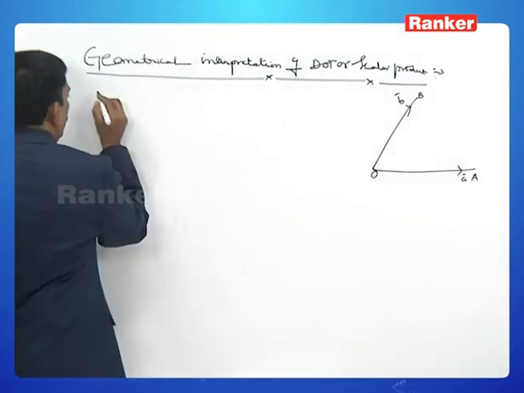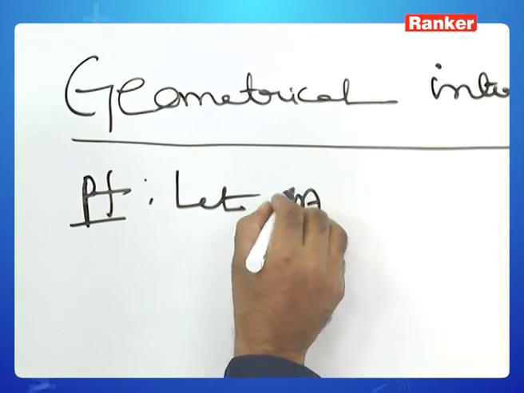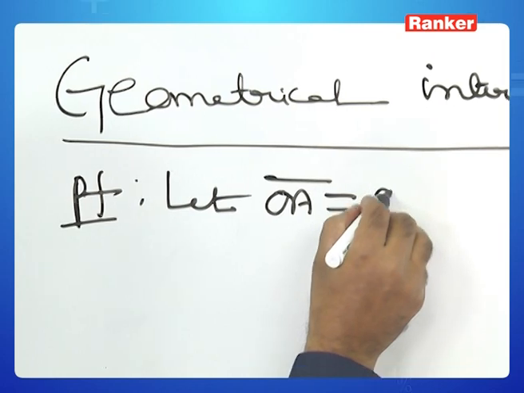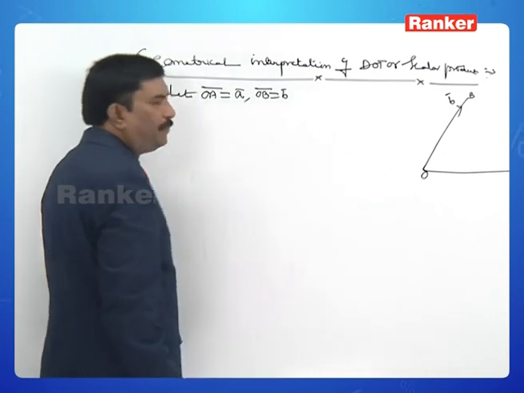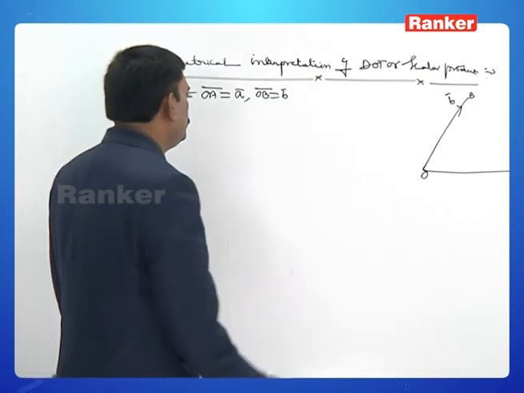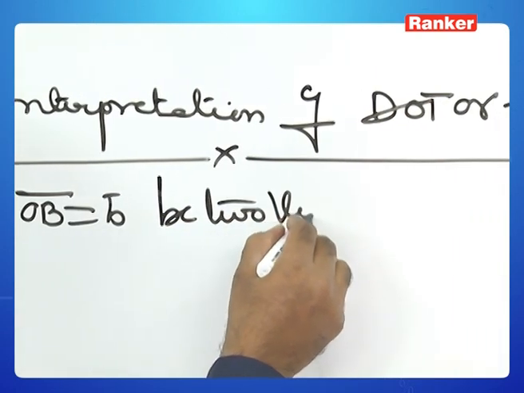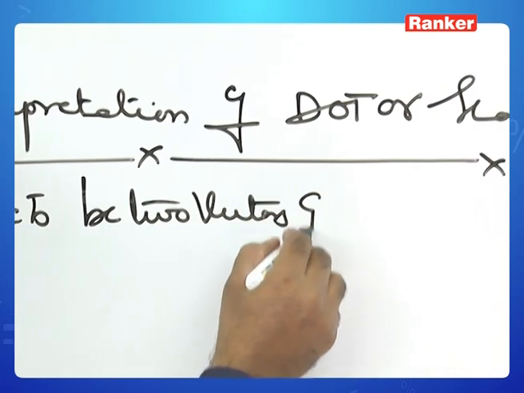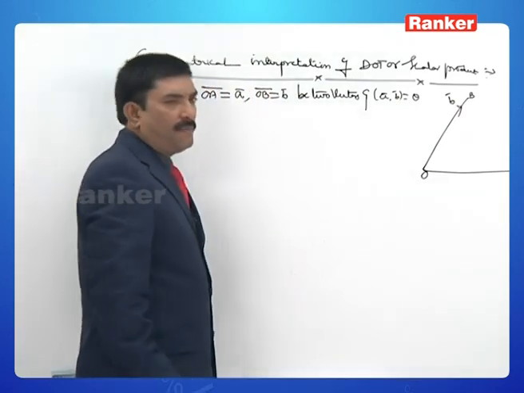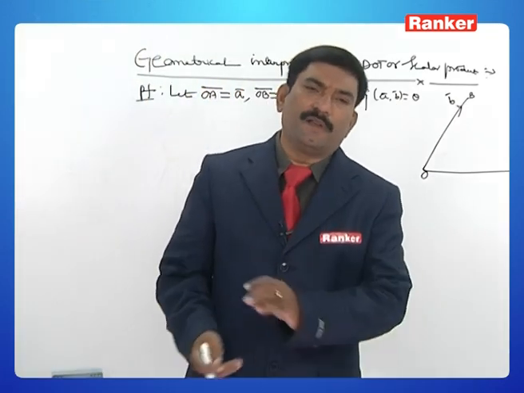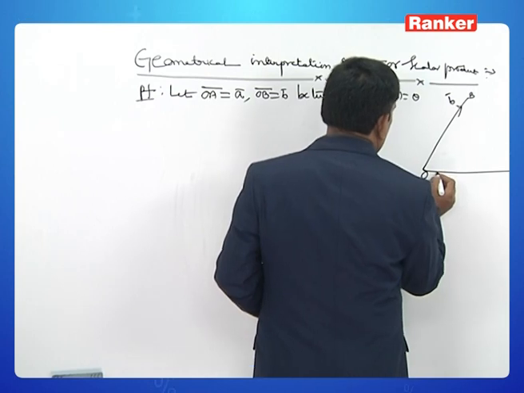I start. The proof of this one is: let OA bar equal to a bar and OB bar equal to b bar be two vectors, and the angle between the two vectors a bar, b bar is theta degrees. Now you take this as theta.